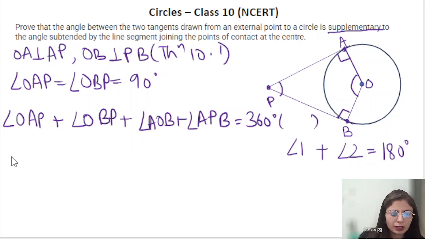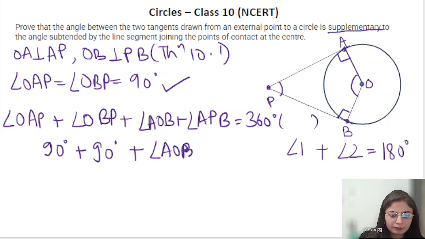Okay. Now angle OAP plus OBP is 90 degrees. We have proved this, right? So the sum of these two angles would be 90 plus 90 plus AOB plus angle APB equals to 360.